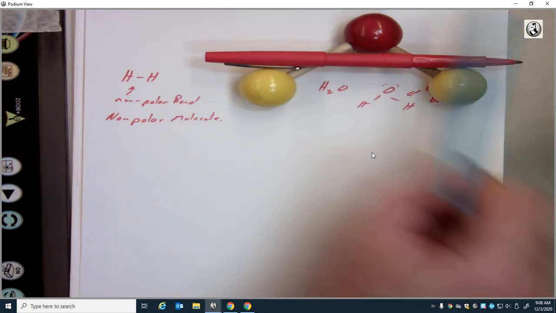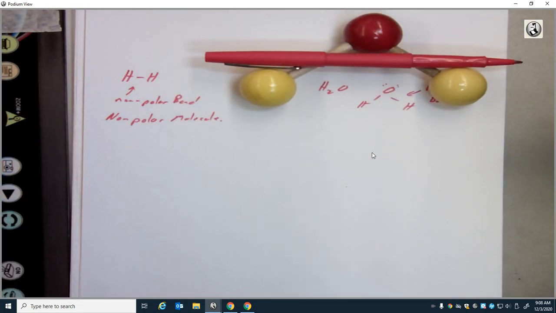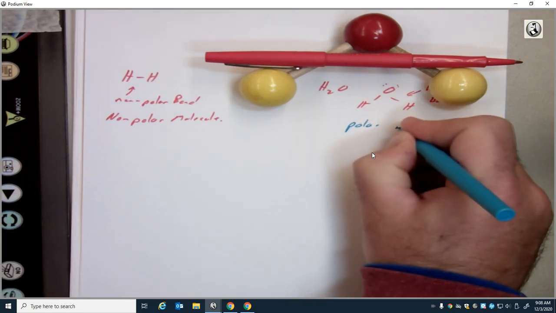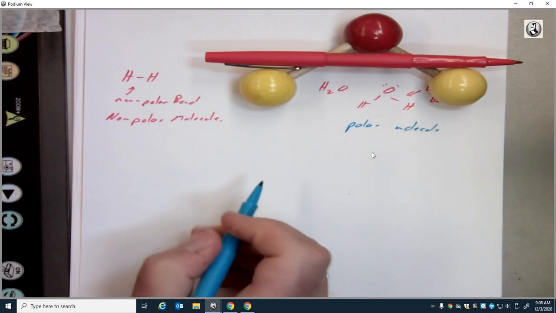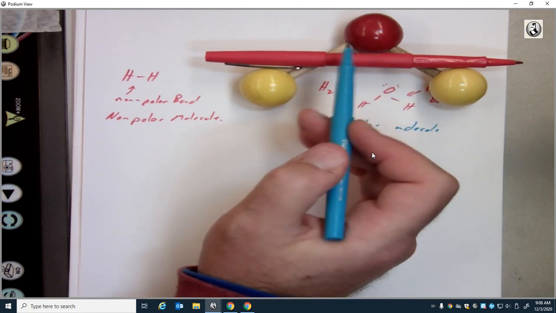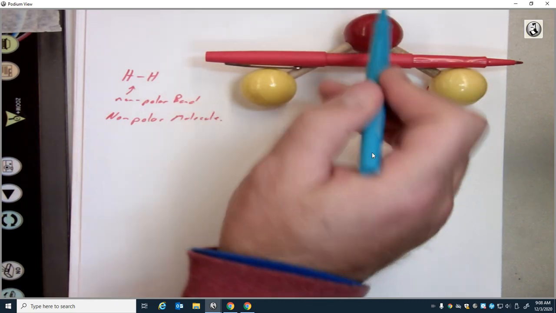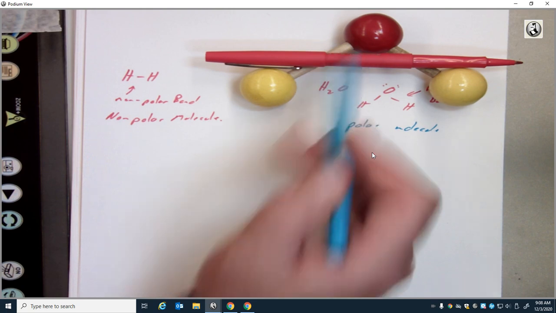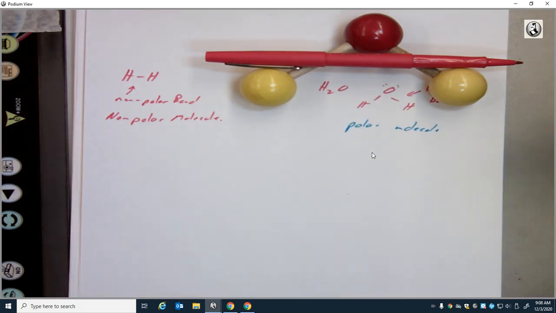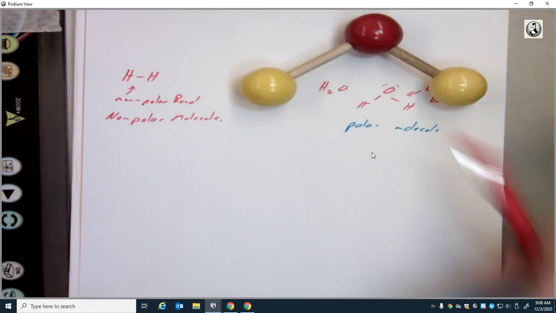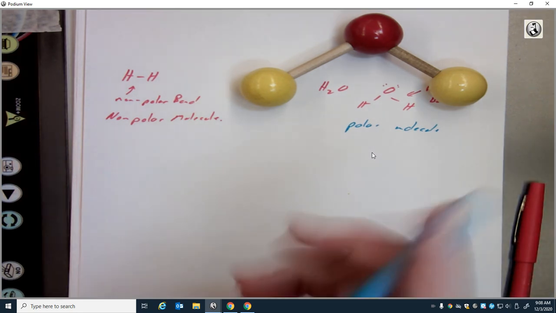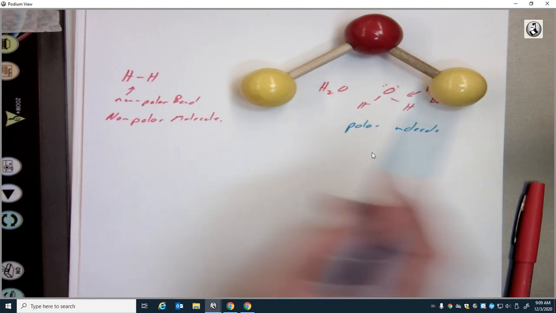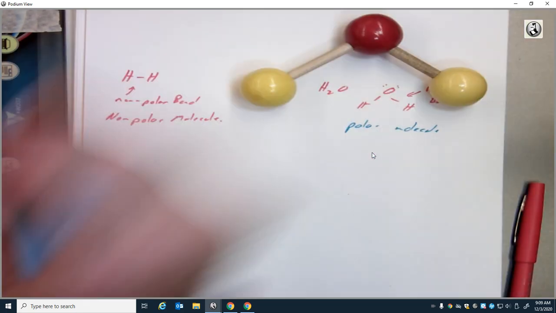So the molecular polarity would be a polar molecule. Like we said before, a central atom with non-bonding pairs, and this has two of them, is often asymmetric, and this one is, and it's going to give us that polar molecule. Now, you've got to get this straight, whether we're talking about bond polarity or dipole moments, or molecular polarity, where we're talking about the whole thing.